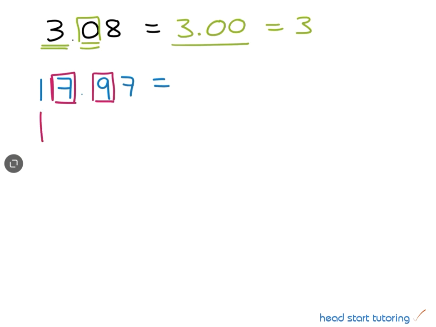Our 1 will always stay the same. Our 7, which we are working with, will become an 8, because this 9 is in the category 5, 6, 7, 8, or 9. That means that 17.97 is closer to 18 than it is to 17. So we end up with 18.00 or just 18.